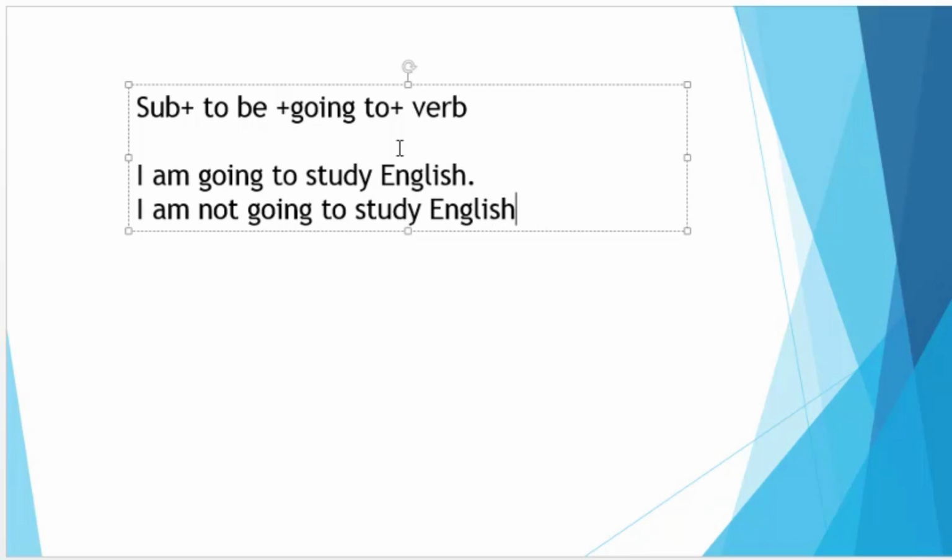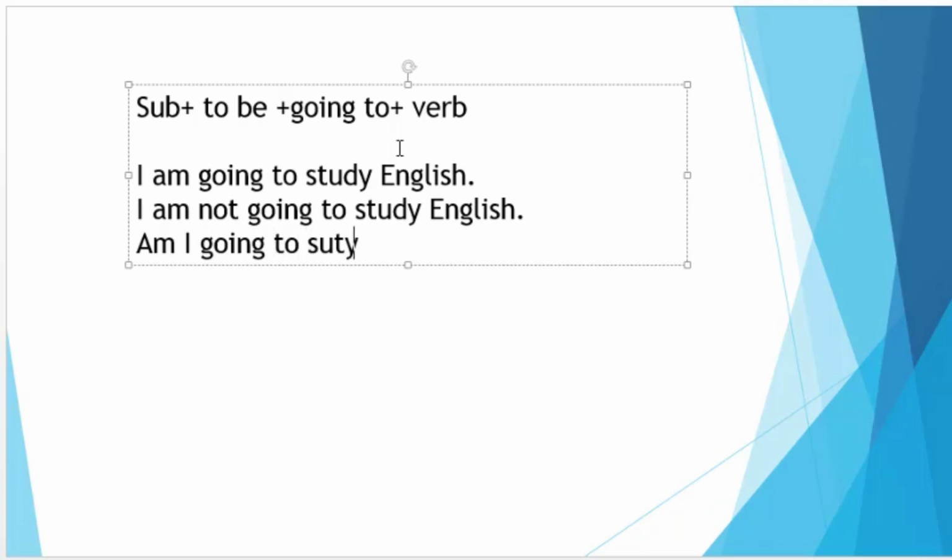Okay, so this is negative. If I want to change it to a question, I bring the to be verb am to the beginning, then the subject. Okay, am I going to study English? So now you can see that we have positive, negative, and question forms.